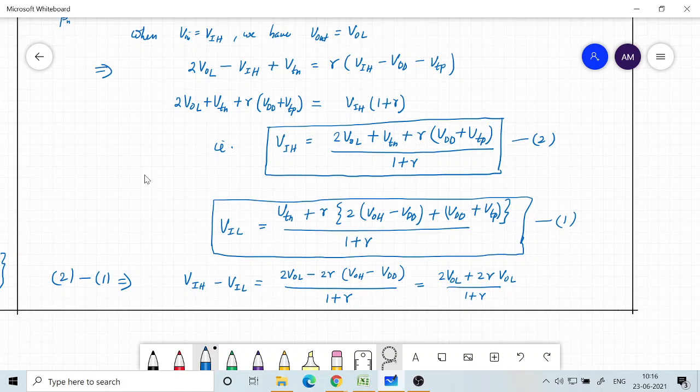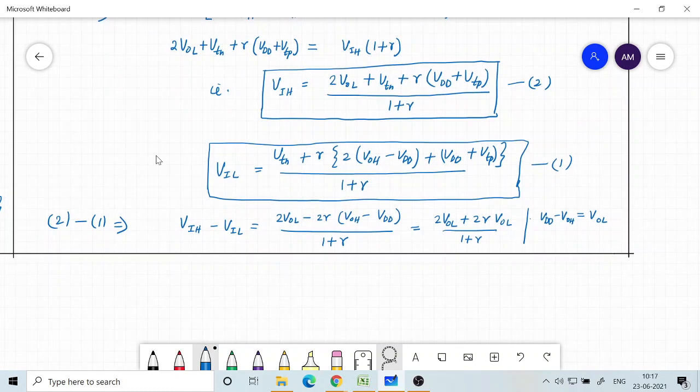Okay, VDD minus VOH is VOL, where we have used VDD minus VOH as VOL. So therefore I can take 2 VOL outside and cancel with 1 plus R.